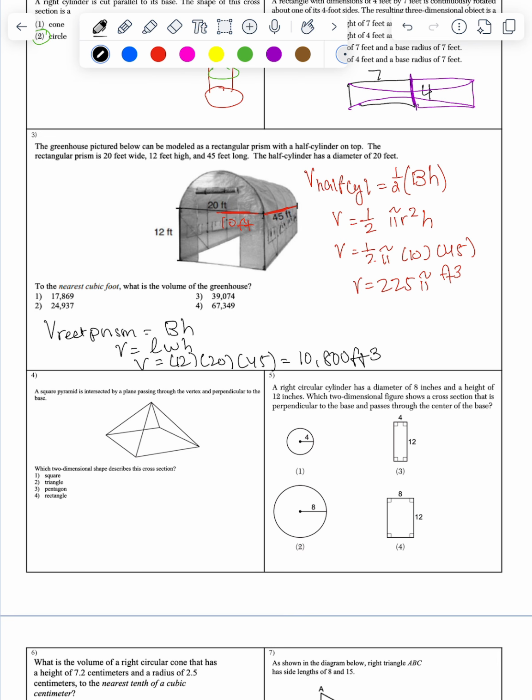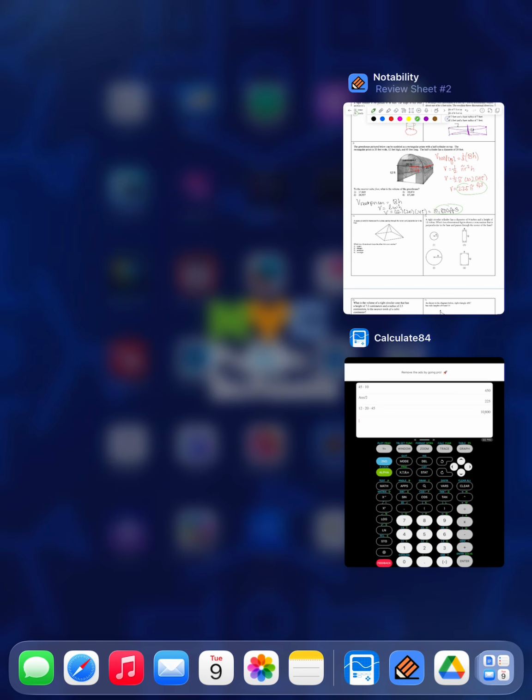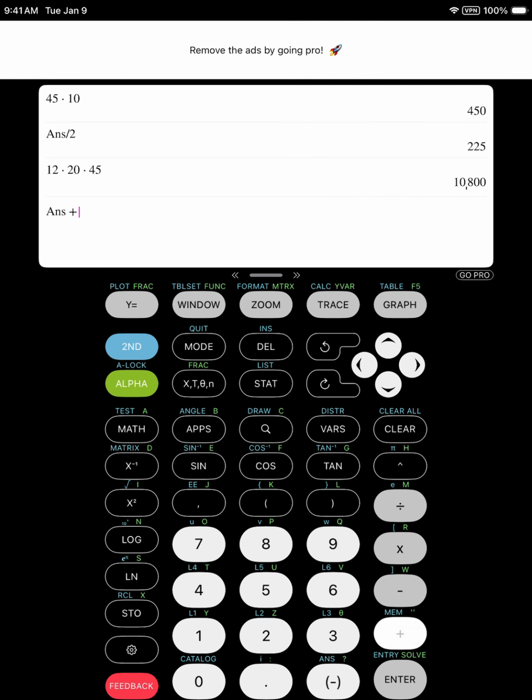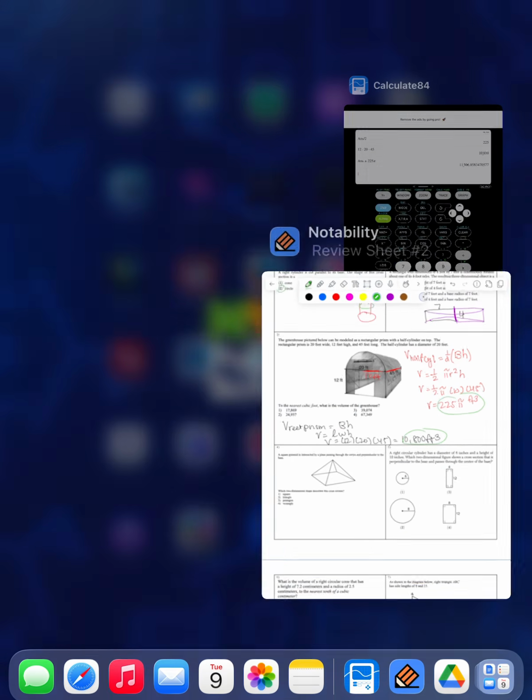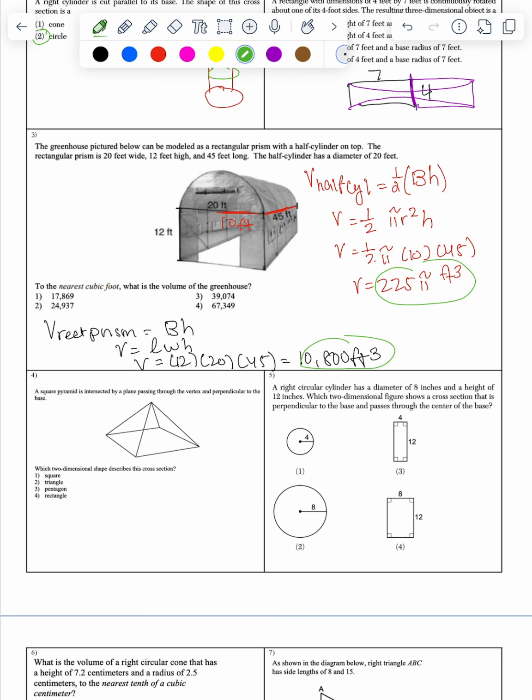So all I have to do now is add the two volumes together. So on my calculator, I'm just going to add 225 pi and oops, I forgot to square the 10.